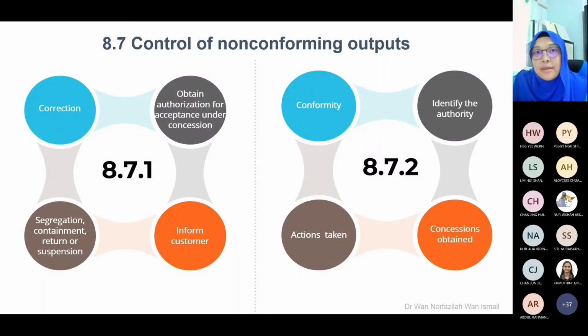So that is non-conforming. Mungkin you salah key in data, you salah key in nombor. Satu nombor pun dah terjejas semua. So that is non-conforming outputs. So what to do in 8.7.1, you can do correction. Call your customer and ask them to give back the report so that you can do correction.